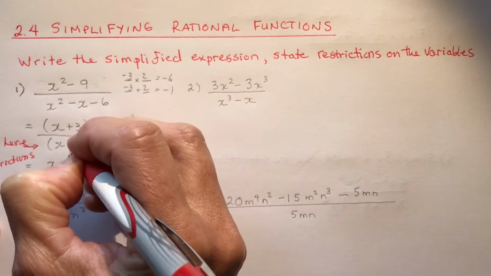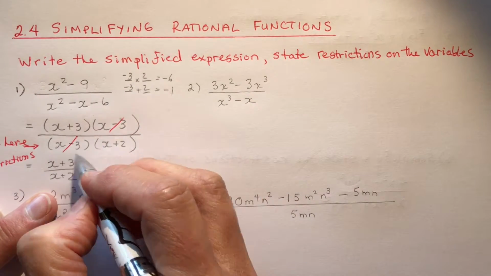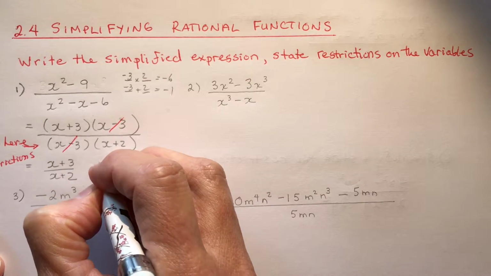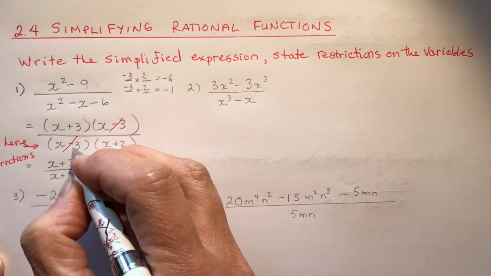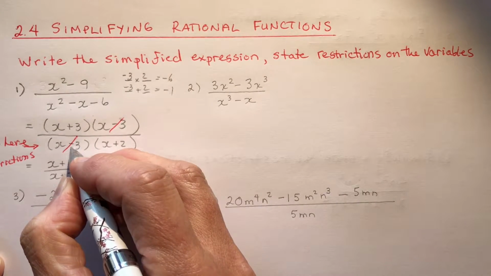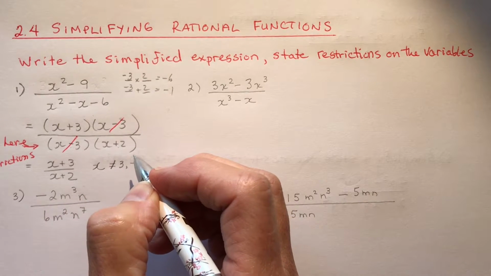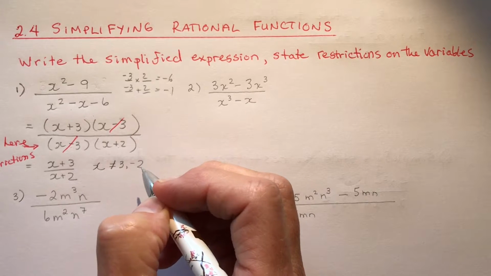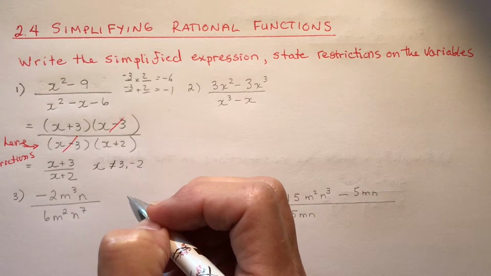So what can x not be equal to? And don't say x is equal to. It's what can it not be equal to. X is not equal to 3 and minus 2. So whatever makes each of these brackets equal to 0. If you have trouble doing that in your head, set them equal to 0 and solve. But I think it's pretty easy to figure those two out.